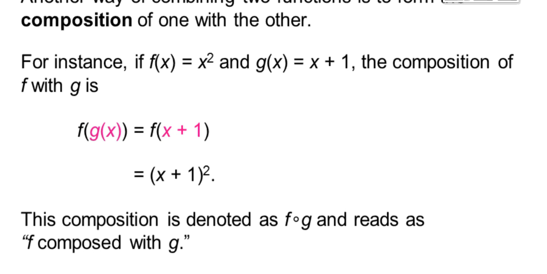So if, for instance, f of x is x squared and g of x is x plus 1, the composition of f of g of x means we figure out what actually g of x, the inside function, is first, and then we find out what the outside function does.